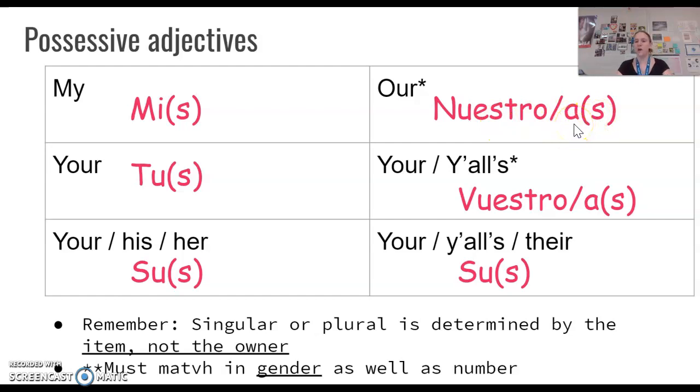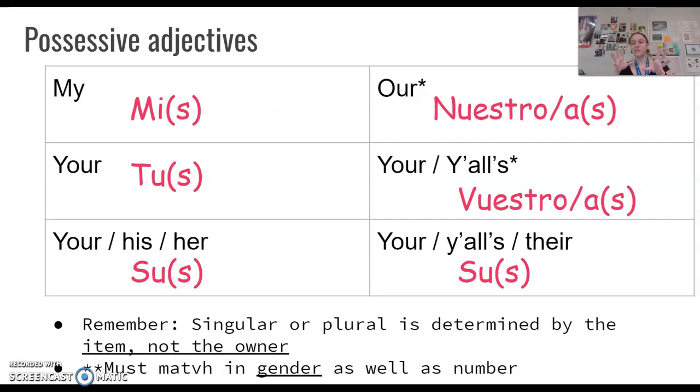It has to be nuestra instead of nuestras. Okay. If I was talking about both of my grandmothers, it would be nuestras abuelas, but I don't generally talk about my grandmas like that because they're on opposite sides of the family. So the item owned is what you base your masculine, feminine, singular, plural on.